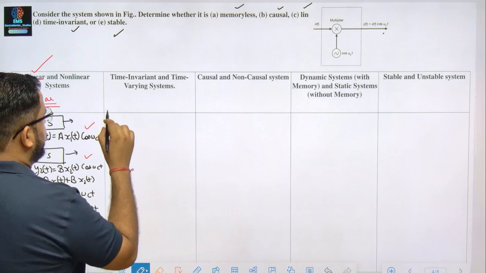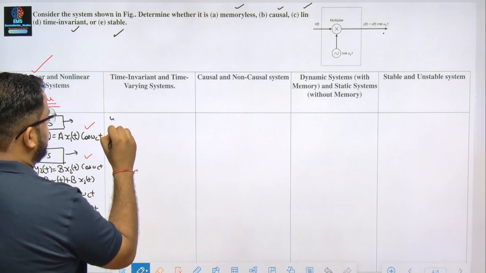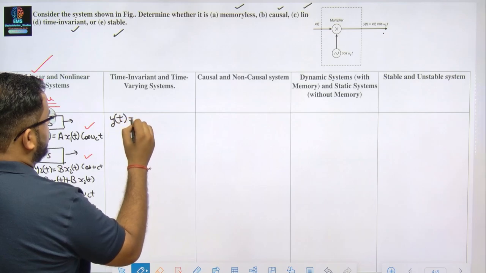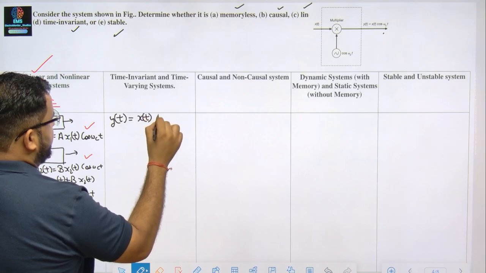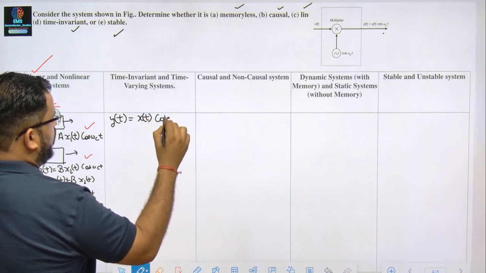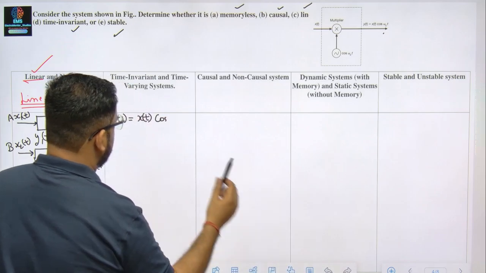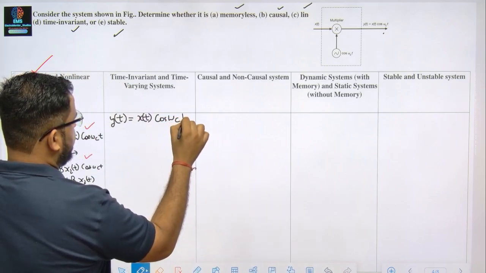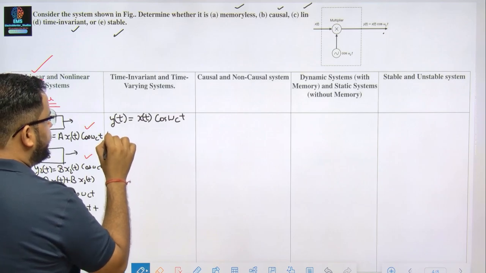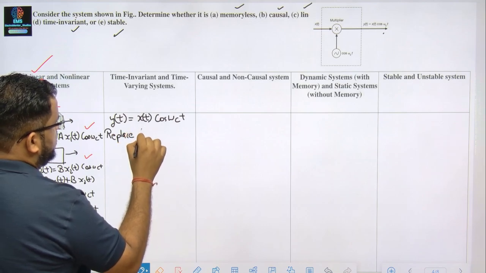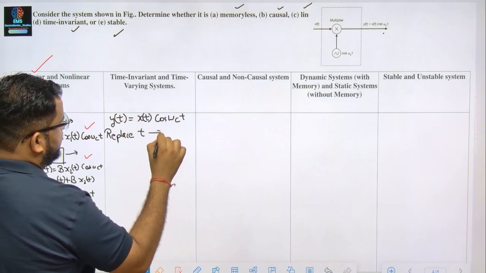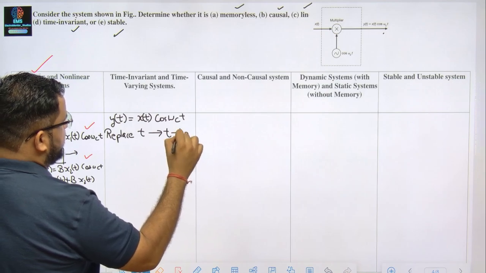Let's go and check time variance and invariance. So what is the response of my system? The response of my system is y(t) equals x(t) cos(omega c t). So first step, replace t by t minus t naught.